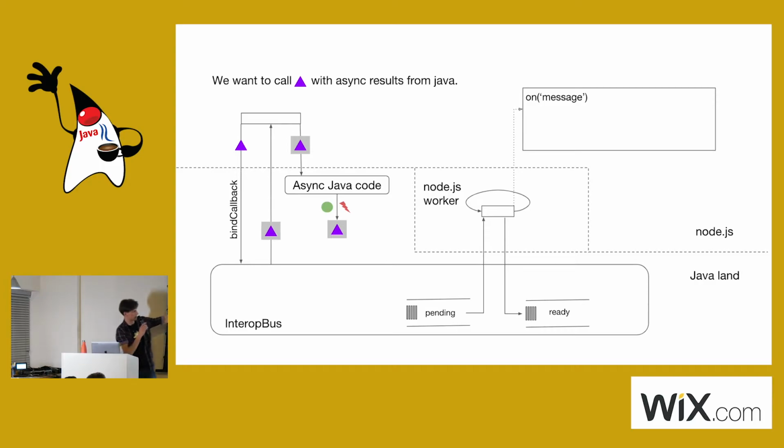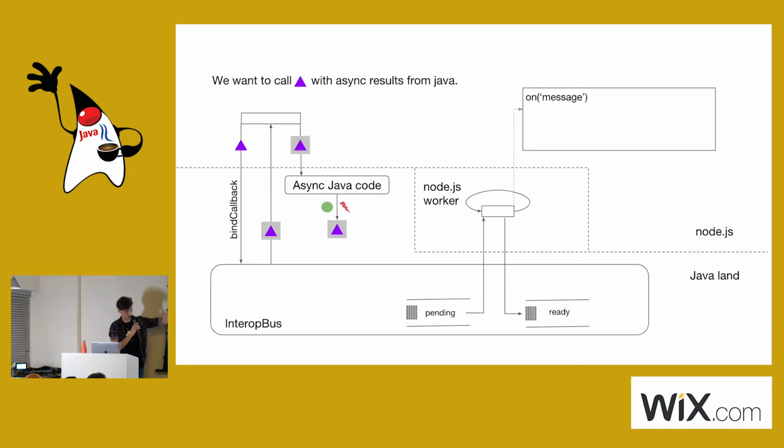So in Node, you usually have this interface where callbacks accept as the first argument an error, and as the second argument a successful result. So we'll use the same pattern of passing both of them. This bound function actually accepts these two arguments.